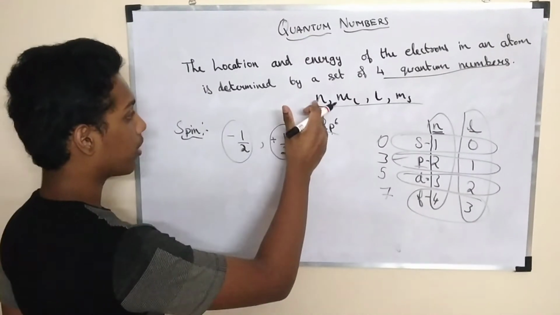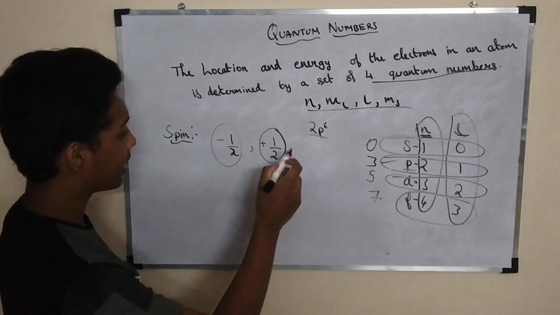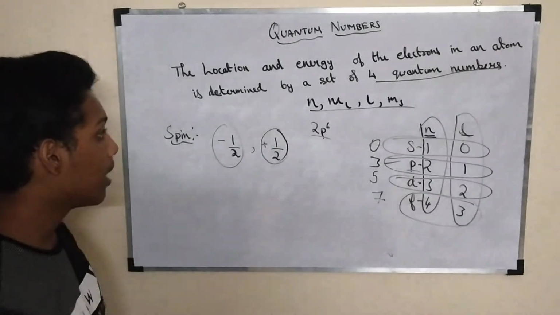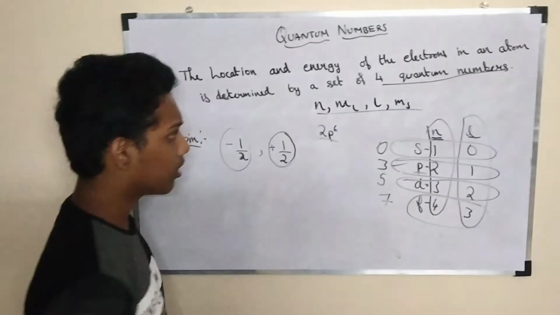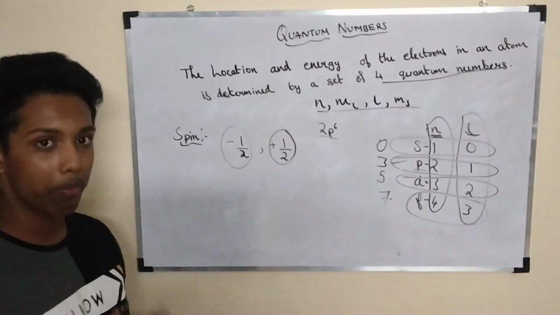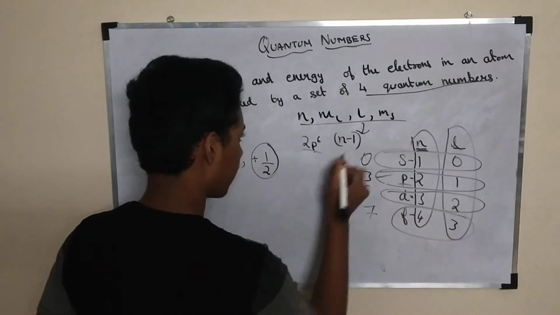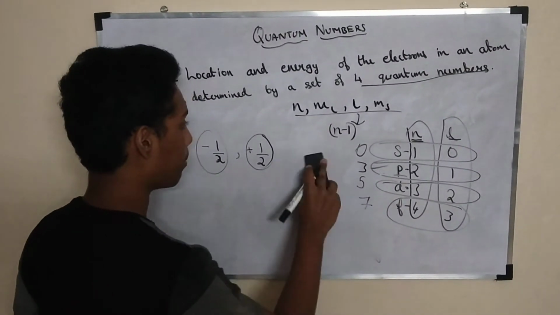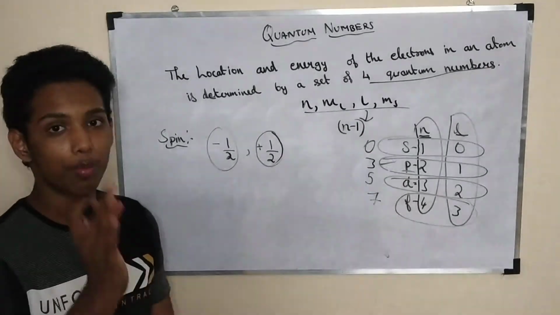So I'm sure that you now understood what is N, L, ML and MS. N means principal quantum number, for SPDF 1, 2, 3, 4. Remember that. L means angular momentum, which is n minus 1. If you take 1 it will be 0, so for SPDF the L value will be 0, 1, 2, 3.